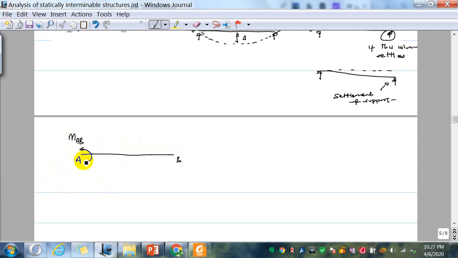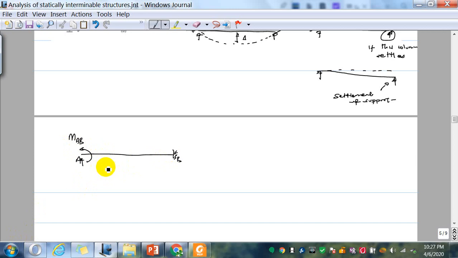So now this MAB is going to have some moments acting on it. Okay, so there is a moment MAB, and if I have this joint, say if I have this joint fixed, so I'm taking an analogy, so here is a pin joint, here is a fixed joint, so I apply a moment MAB.